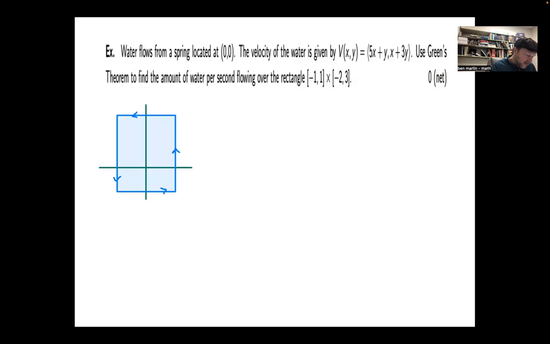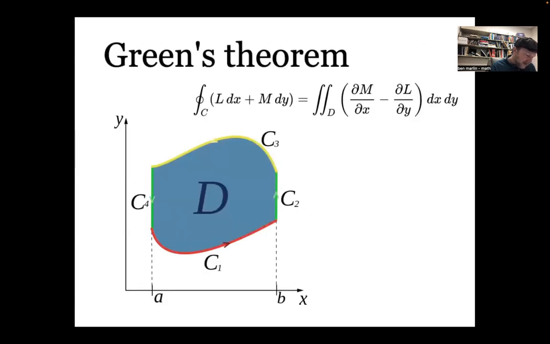Now we're going to swap that over, have the integral around the boundary of the region of this v vector dot dr vector, and turn it into a double integral across the region. And we will have to think about these as, what do we call them, L and M. I hope you all have a better memory than I do. I'm having to peek back here and saying, okay, we need to do M sub x and then minus L sub y.